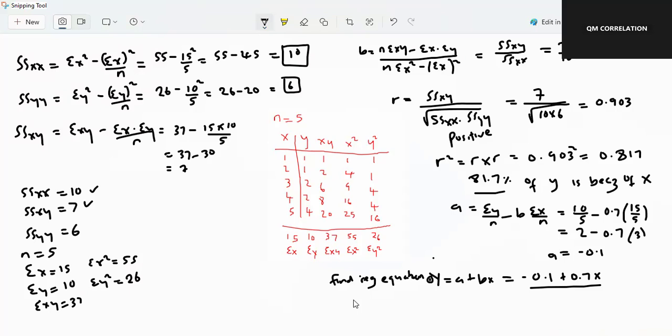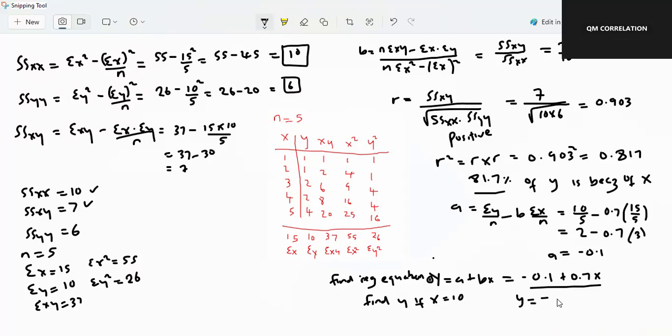So the first part, find the regression equation. The second point, find Y if x is 10. So here we just substitute. Where there's x, we put 10. Here we are predicting, the role of regression in terms of predicting.